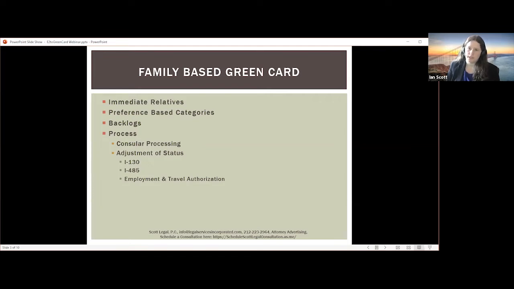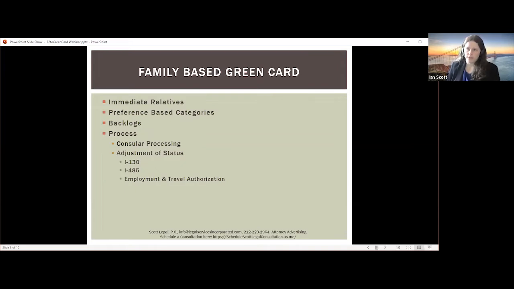Consular processing refers to the process where you're outside the United States and your relative will go to a US consulate to get their immigrant visa issued. Adjustment of status refers to the process where you are inside the United States, and then you can file the I-130 and perhaps the I-485 even concurrently.